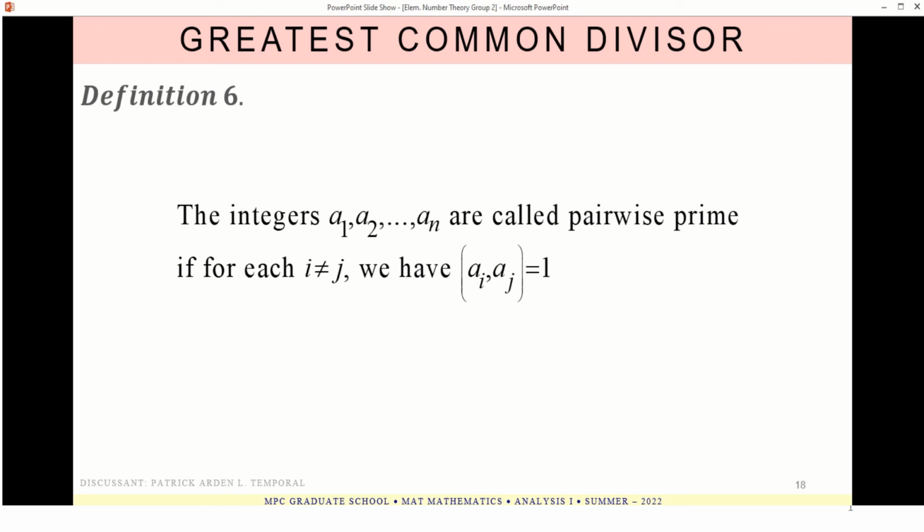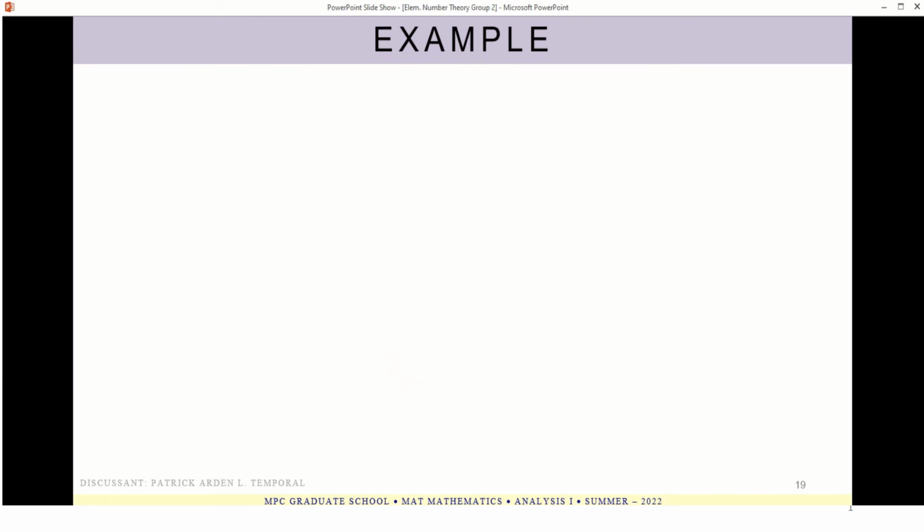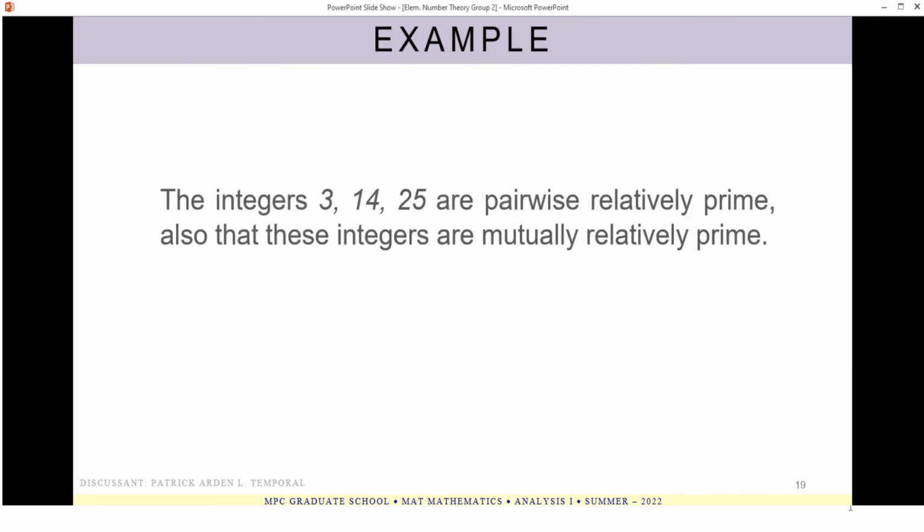Pairwise prime means every pair of the items in the list are relatively prime. Example, the integers 3, 14, and 25 are pairwise relatively prime, that is, the integers are mutually relatively prime.